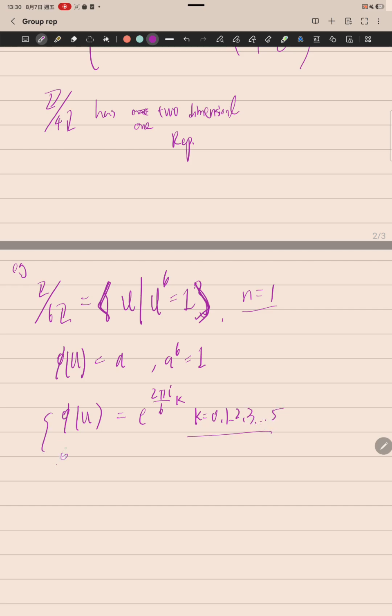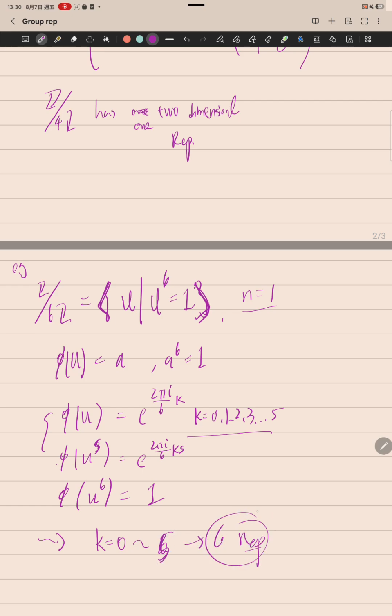If I fix this, then phi of U to the s will be exponential of 2 pi i divided by 6 times ks, and obviously phi of U to the 6 will be 1. So k ranges from 0 to 5, so there are 6 one-dimensional representations for Z mod 6Z.